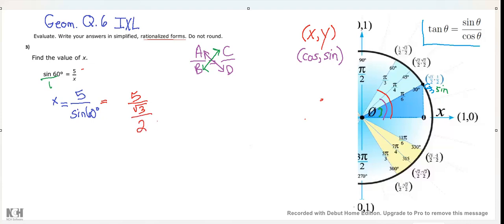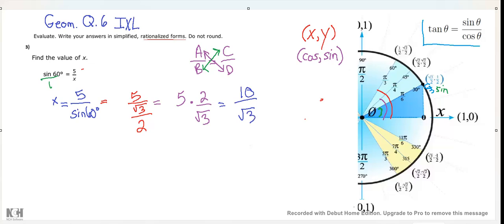Now we have a complex fraction again, and that simply means 5 times, I'm going to use the reciprocal, I'm going to flip it, and that gives us 10 divided by the square root of 3.